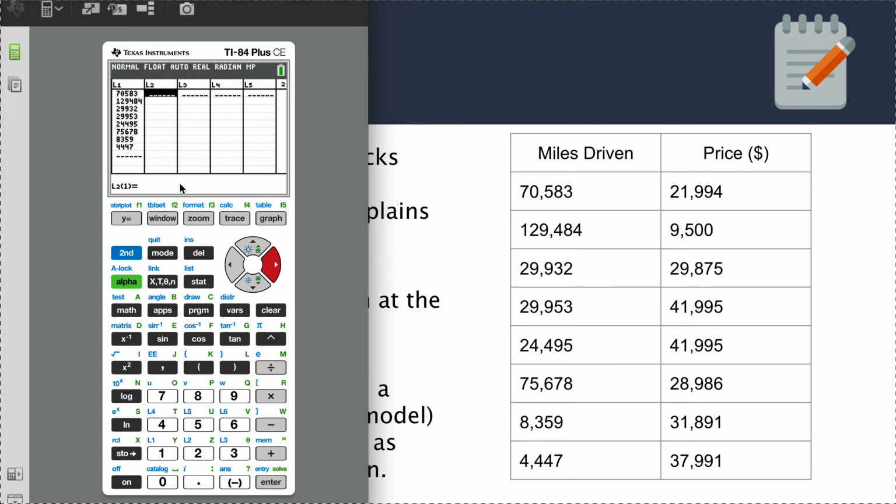We're going to put the prices of each of these vehicles. 21,994, 9500, 29,875, 41,995, 41,995.